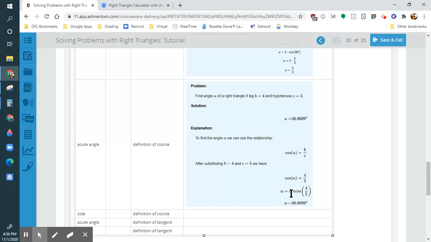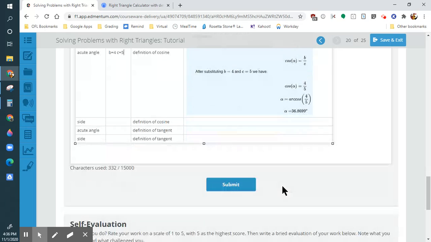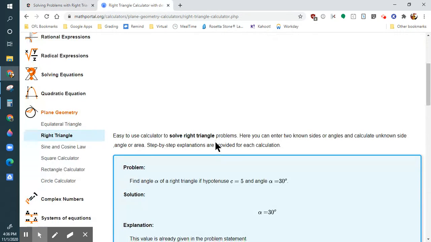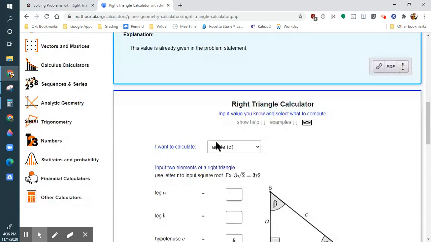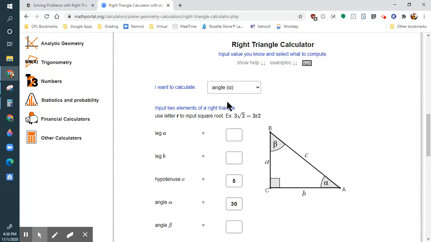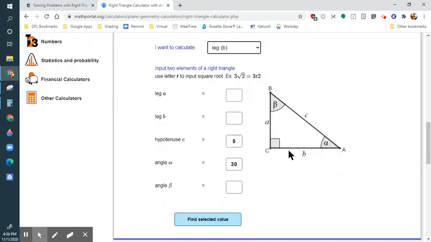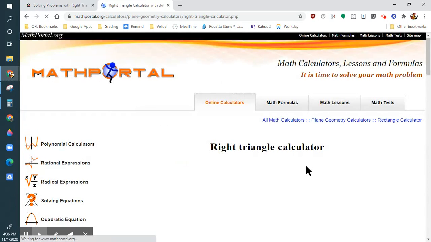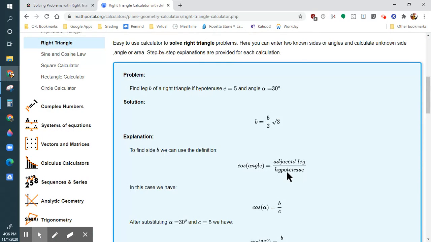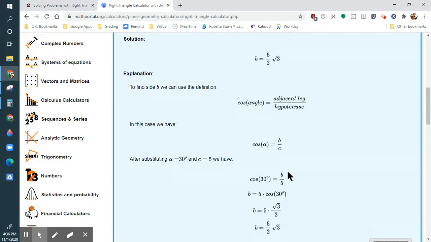My given was B equals 4 and C equals 5. And for this one, I forgot to change this to a side. So I want to solve for leg B. There we go. And we see that they're using cosine, so we know we did this right.